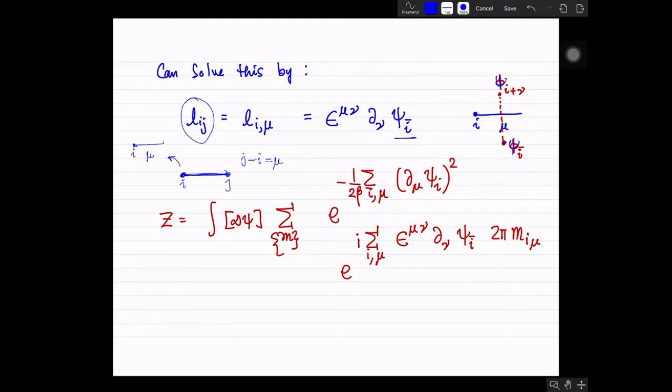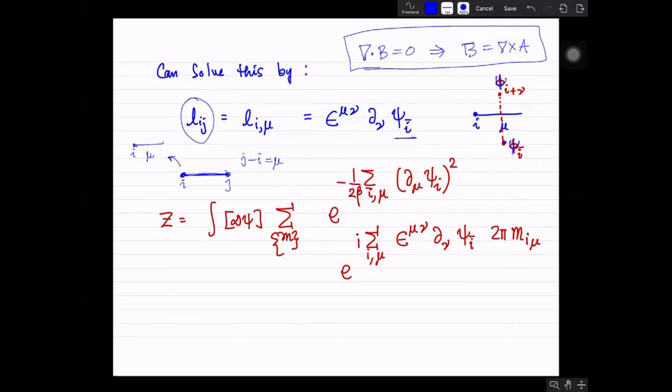In such a way that it automatically solves the zero divergence condition. This is analogous to saying that B is equal to curl of A, but in 2 dimensions, whereas that was for 3 dimensions. I am writing everything for 2 dimensions and on a lattice.